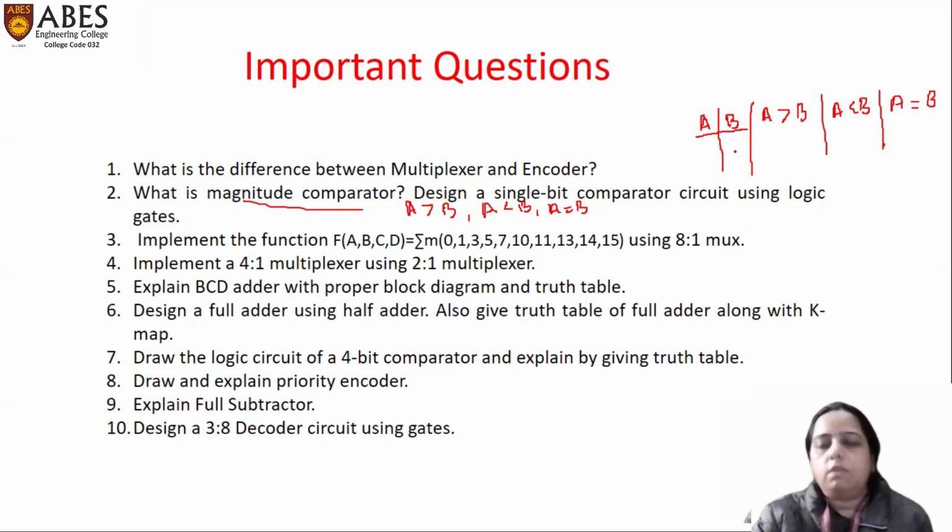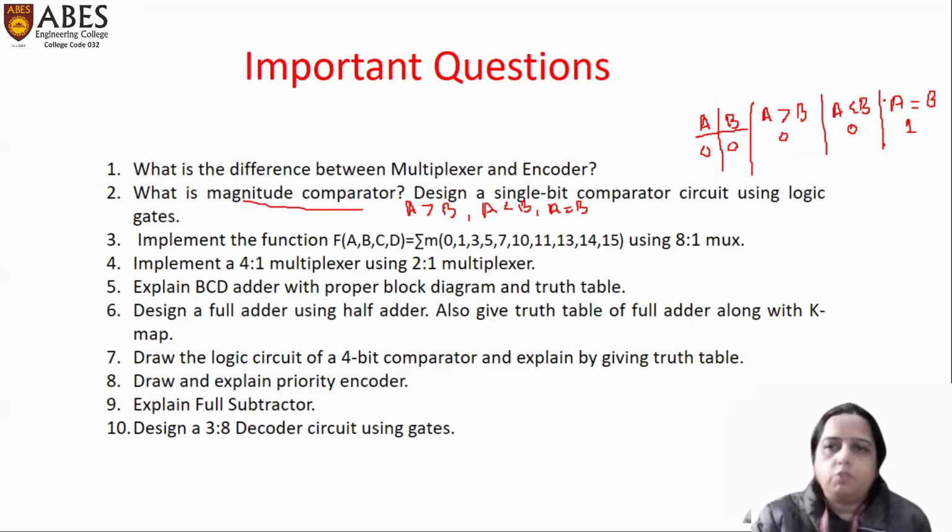After writing the truth table, if I have 0, 0, then A greater than B will be 0, A less than B will also be 0, and A equal to B will become 1. In this manner, we have 4 combinations of A and B, and 4 combinations of outputs also.